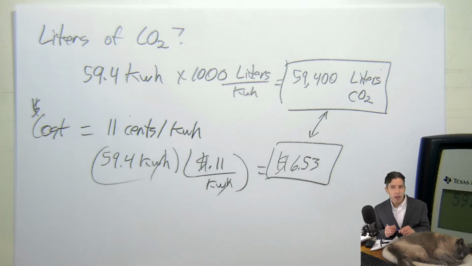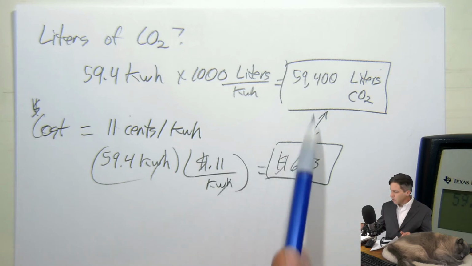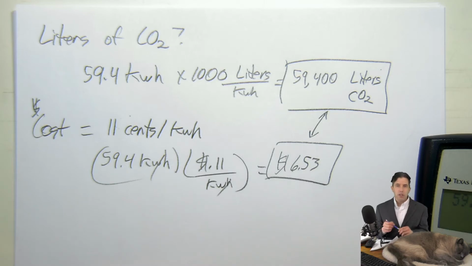So if you compare these two things, the financial cost in this country is very low. Generating 59.4 kilowatt hours is actually quite a bit of electricity. If you had to do that manually by cranking something, it would take you weeks of work. It only costs us $6.50, and yet it produces close to 60,000 liters of CO2 into the atmosphere.